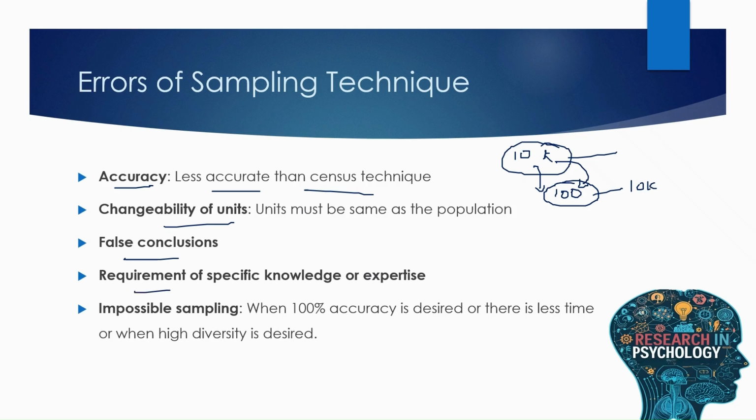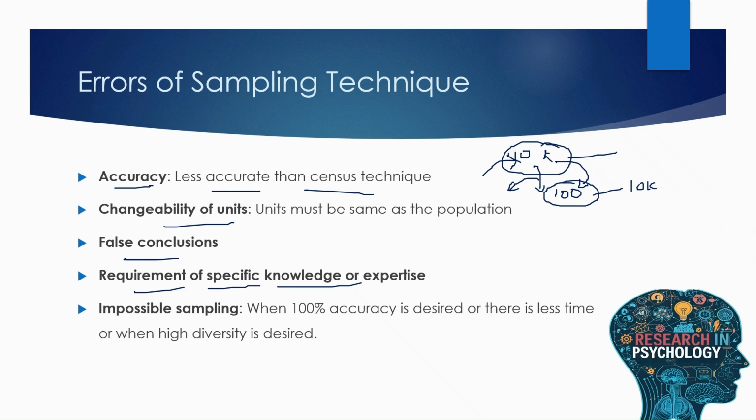Next, requirement of specific knowledge or expertise. To collect a sample from a population, you need to have specific knowledge and expertise about the population and also about the sampling technique. You need to know about every aspect of the population to be able to choose a sample which would be a true representation of the whole population, right?